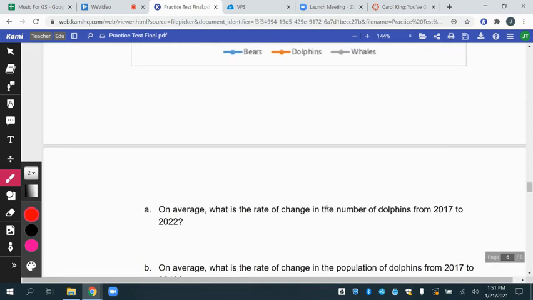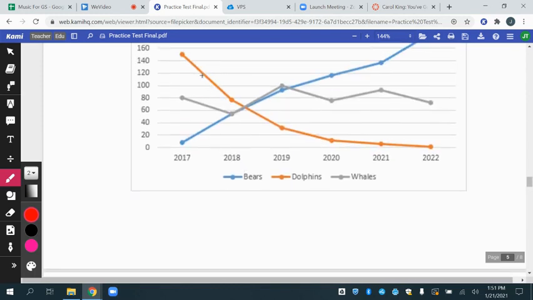It's saying, on average, what is the rate of change in the number of dolphins from 2017 to 2022? Let's figure that out. Now, if you look at dolphins, that's the orange one. It starts out with 150 dolphins or so.